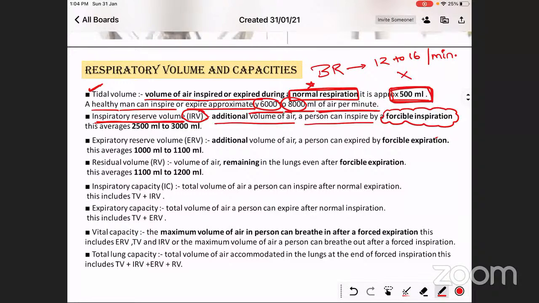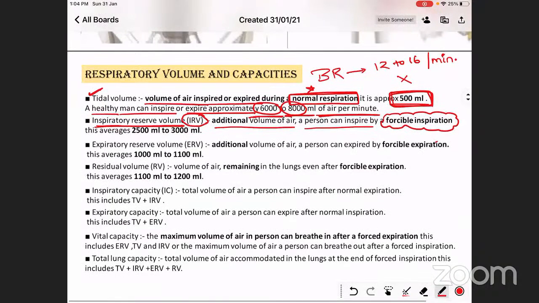That is the reason we say normal standard respiration is the tidal volume. But during forceful inspiration, you are taking the tidal volume plus the additional volume, and this additional inspiratory volume is around 2500 to 3000 ml. This is the inspiratory reserve volume.